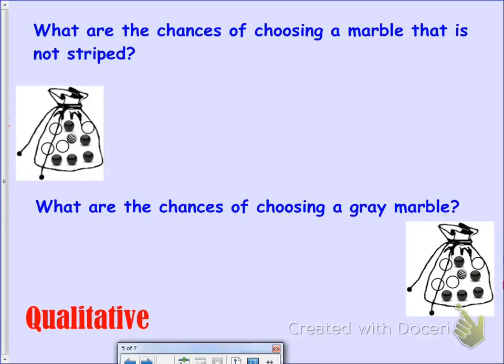So to give you an example, what are the chances of choosing a marble that is not striped? It's just like what the simple probability video talked about yesterday. If we look in this bag, we have 1, 2, 3, 4, 5, 6, 7, 8, 9, 10 total marbles. And they want to know the not striped. There's 1 striped, so that means that there are 9 not striped.